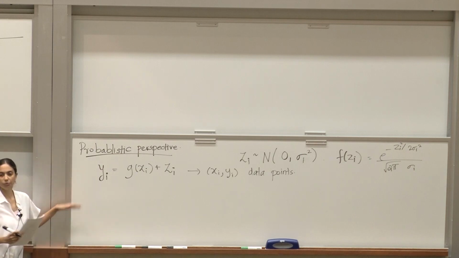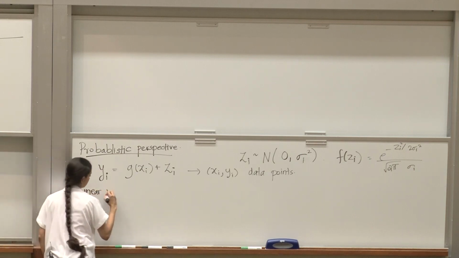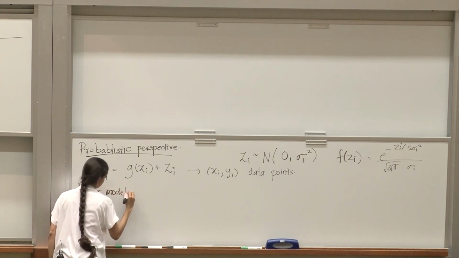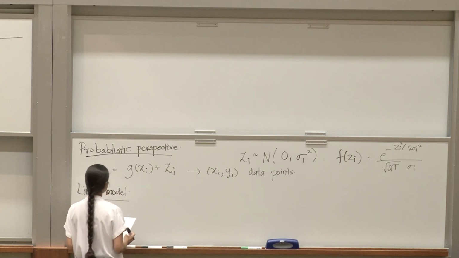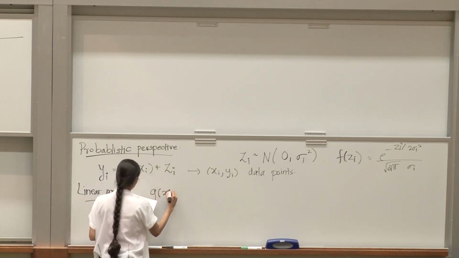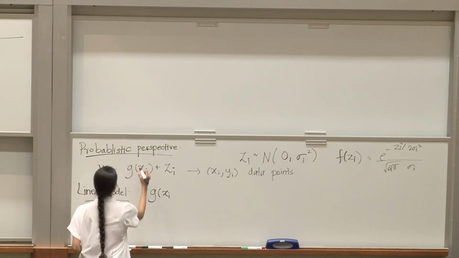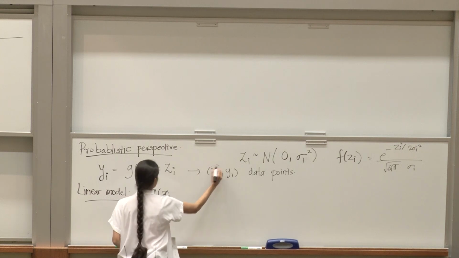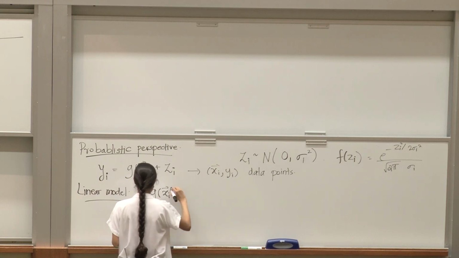I'm going to make an assumption here, and I'm going to assume that I have a linear model. More specifically, I'm going to assume that g is of the form g of xi. And maybe let me consider these as vectors, but this will all work out no matter how you do it, even if they were scalars.